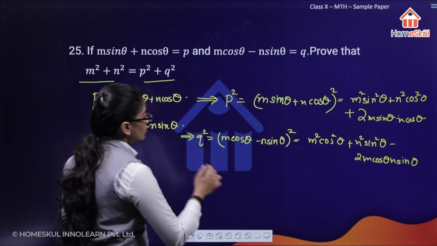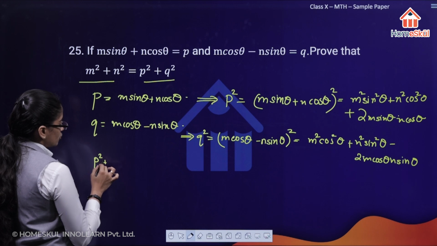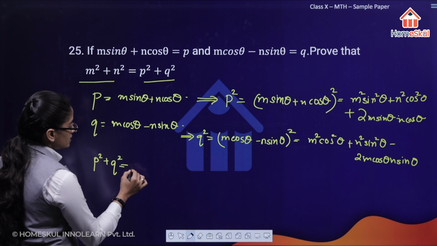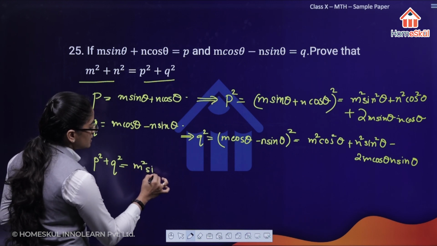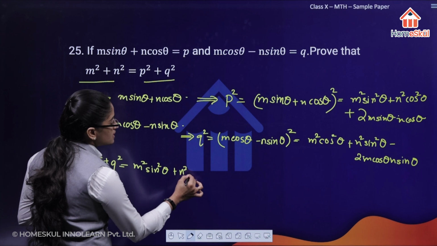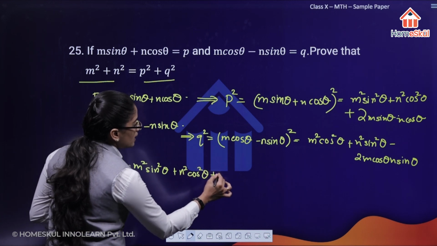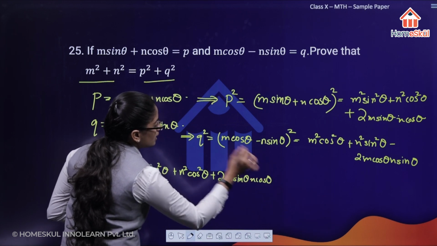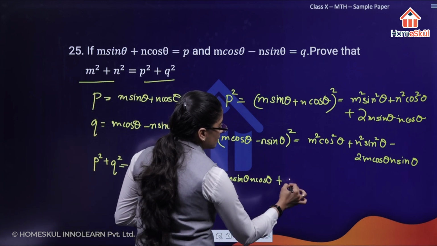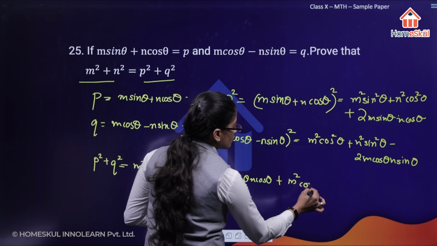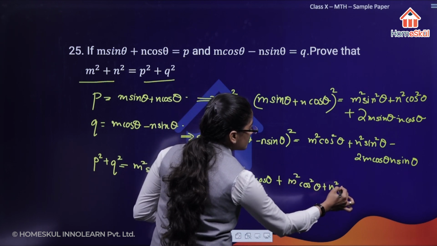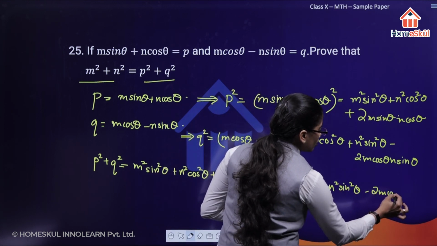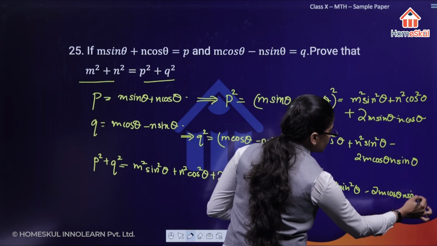Okay. So, let's add p square plus q square. P square plus q square is equal to m square sin square theta plus n square cos square theta plus 2 m sin theta n cos theta, plus q square is m square cos square theta plus n square sin square theta minus 2 m cos theta n sin theta.